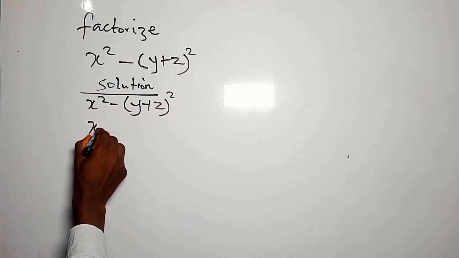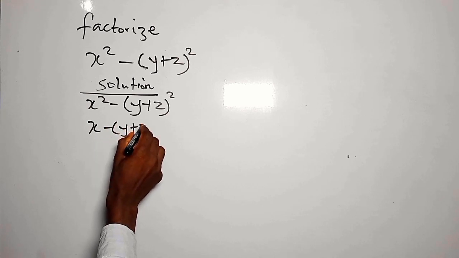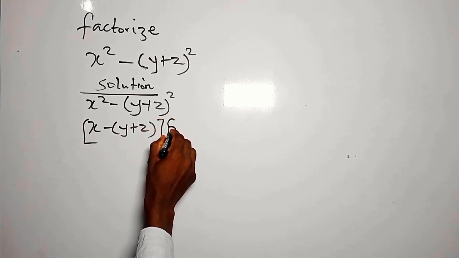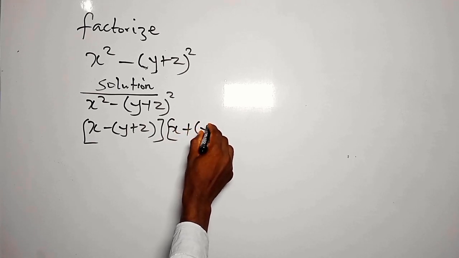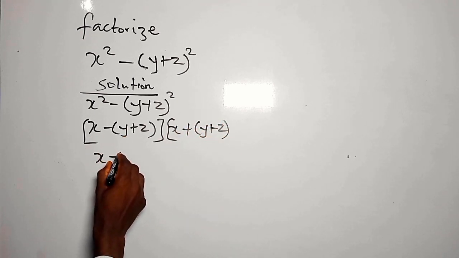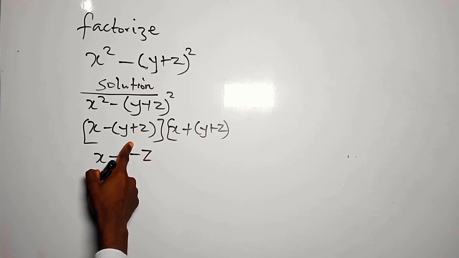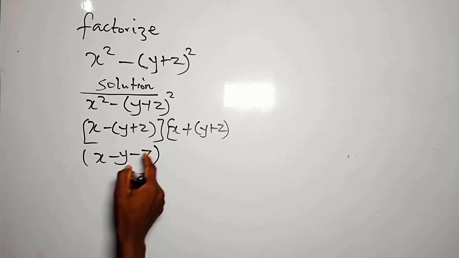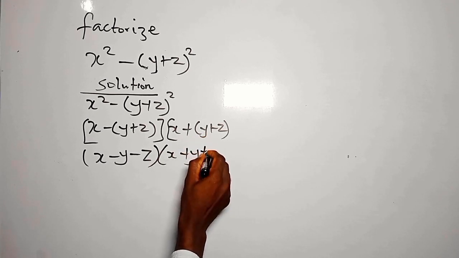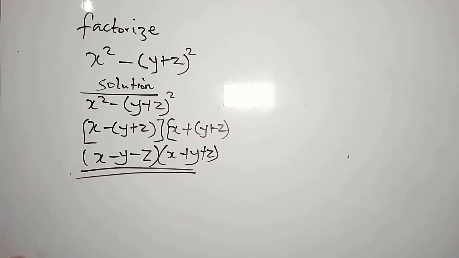So here we have x minus (y plus z), and the second one is x plus (y plus z). When we open up, we have x minus y minus z, and the second one x plus y plus z. So this is our final answer.